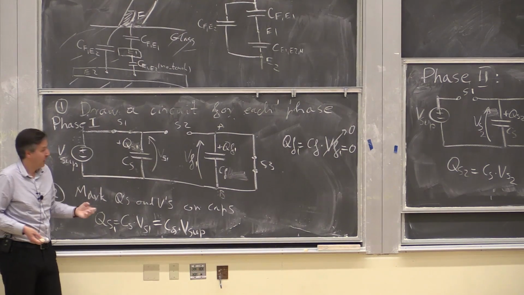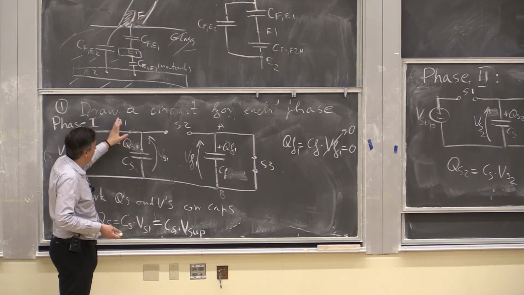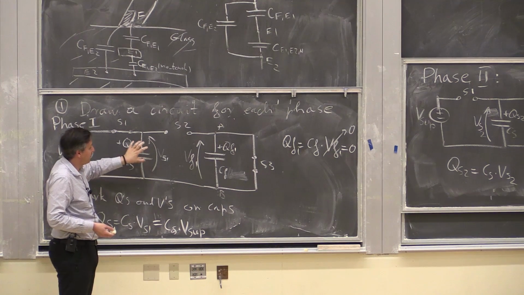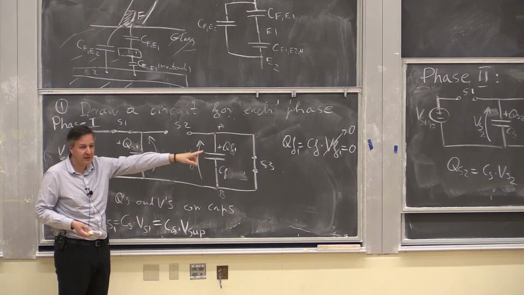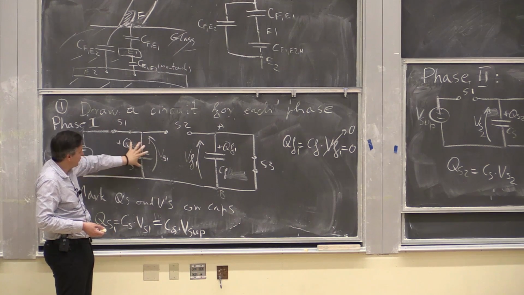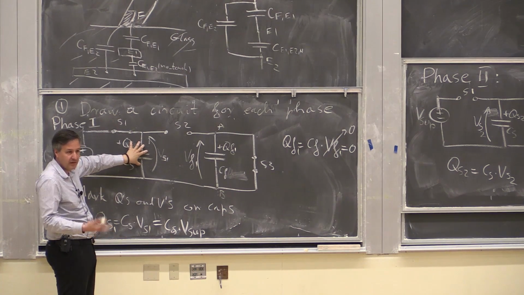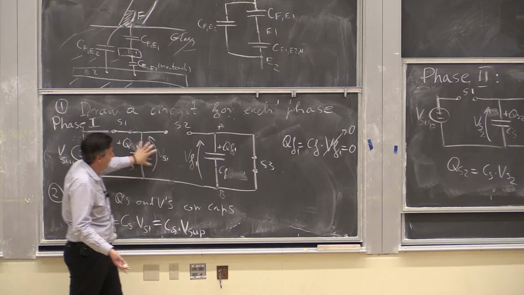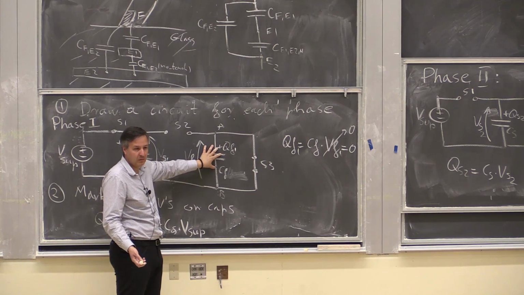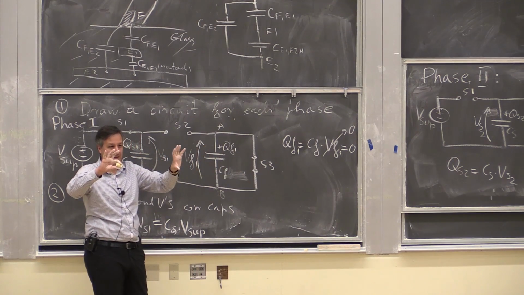But if I open this switch, the charge stays in the capacitor. So imagine I'm transitioning between this phase and that phase by first opening S1. Then I preserve whatever the charge is here. It's now a bucket full of charge. And then I open S3, so now there's 0 here, and they're both floating, just standing in the air.